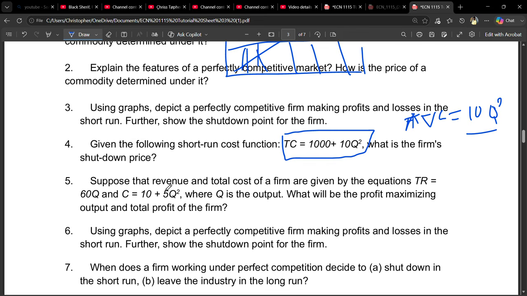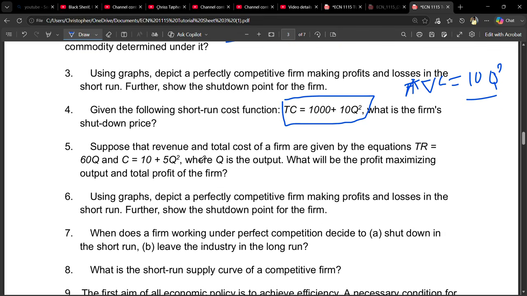Question 5 says, suppose the revenue and total cost of a firm are given by the equations. Total revenue is equals to 60Q and total cost is given by 10 plus 5Q squared. What will be the profit maximizing output and total profit of the firm?